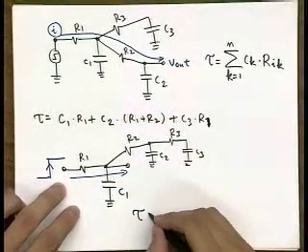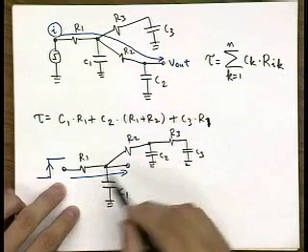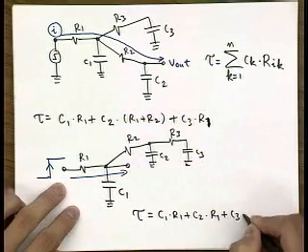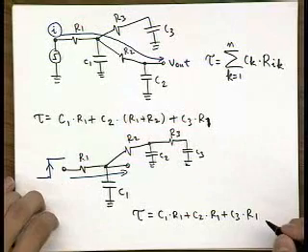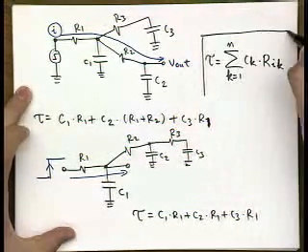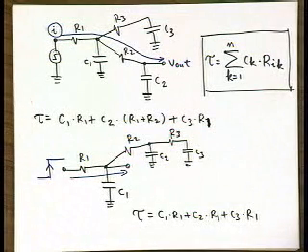So now the time constant is equal C1 times R1. C2 only shares R1. And C3 also shares only R1. So it's really important to understand this concept over here, this formula, and the shared resistance business.